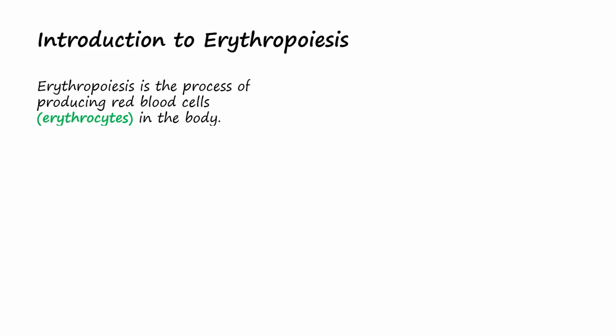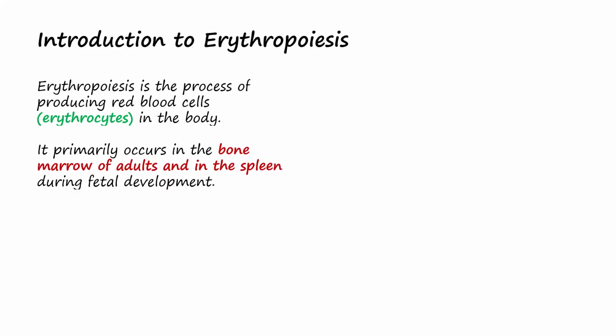Introduction. Erythropoiesis is the process of producing red blood cells, that is erythrocytes, in the body. So the process in which the red blood cells are produced in our body is called erythropoiesis. This erythropoiesis primarily occurs in the bone marrow of adults and in the spleen during fetal development.